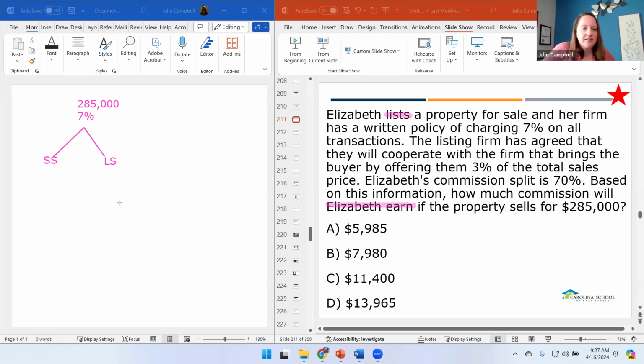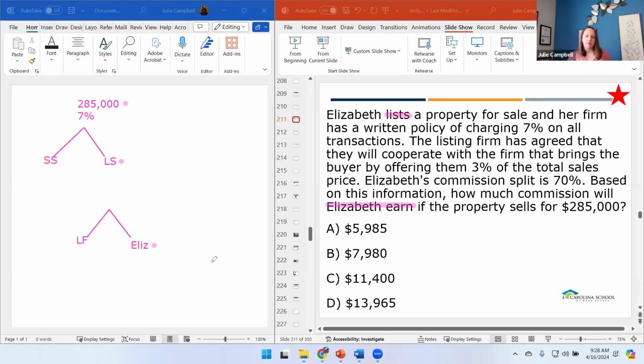Then we're going to take the listing side's commission and split it again between the listing firm, what they're going to collect, and our girl, Elizabeth. The only thing I care about is the information I need to get from here to here. That's where the map can help. It's your guide through this problem, through this transaction.